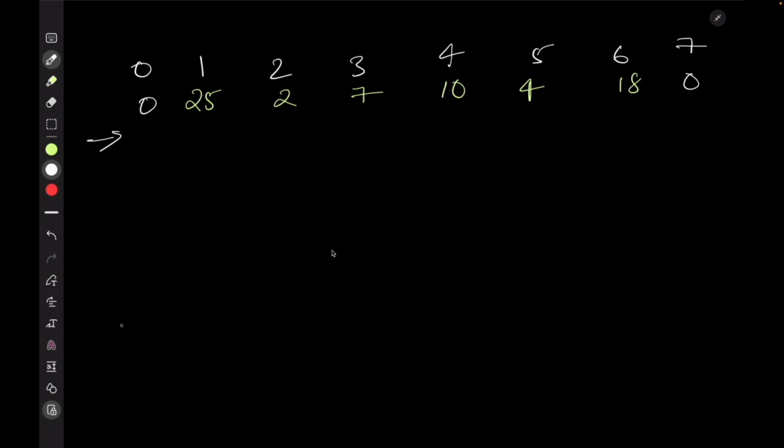Now we'll have a stack here which will be currently empty. We'll do three operations. Suppose the stack is empty, then we will say that I can see everyone.